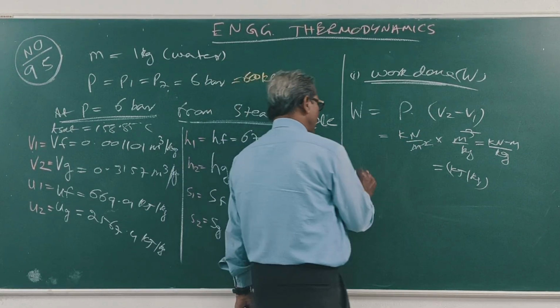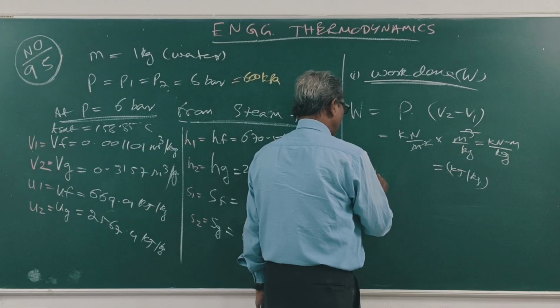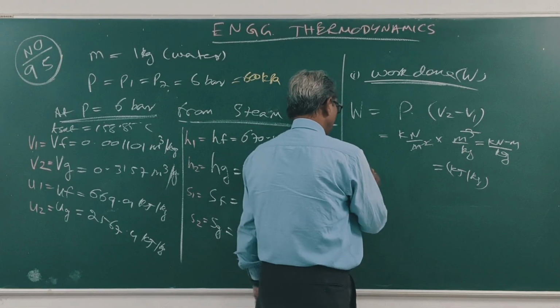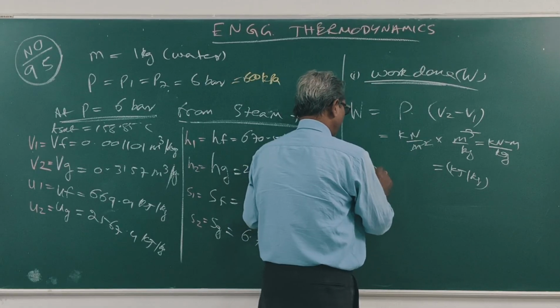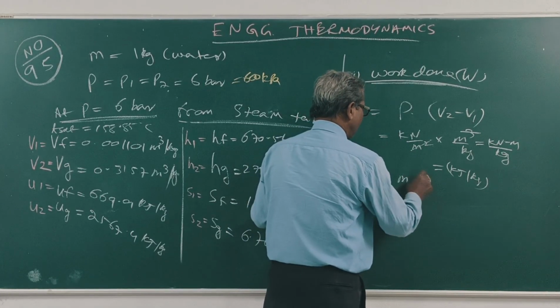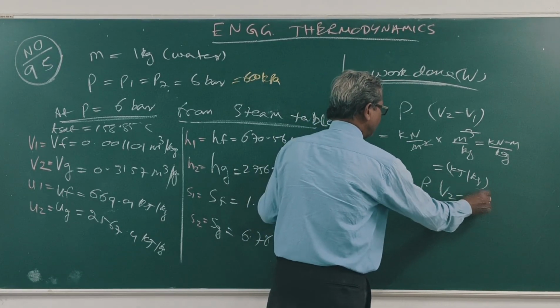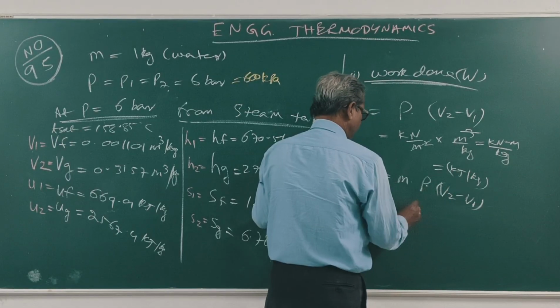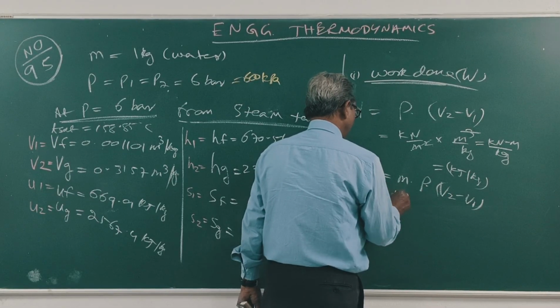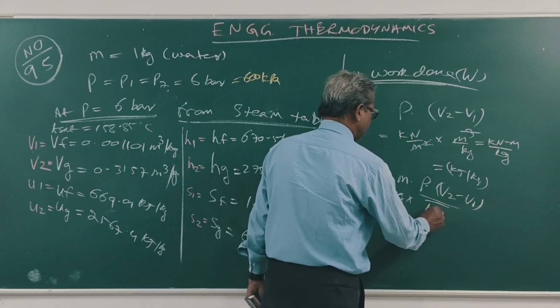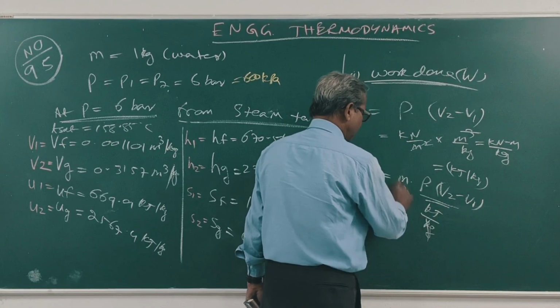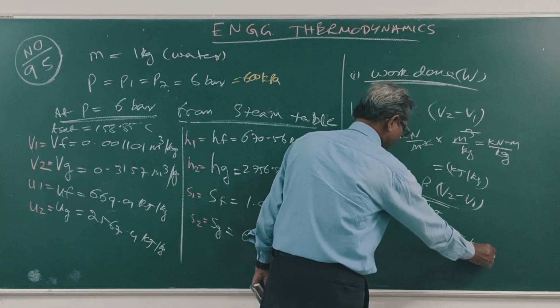So what is the work done equal to? Work done is equal to m into P into (V2 minus V1). Clear? What is m? m is in kg. This is kilojoule per kg, so the answer is in kilojoule.